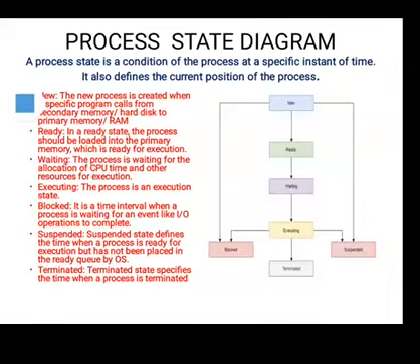Now, as we discussed previously, process state. A process state is the condition of a process at a specific instance of time. It also defines the current position of the process. These are the statuses of a process.